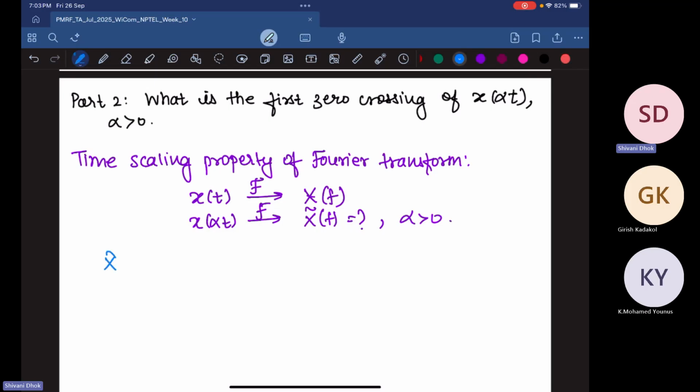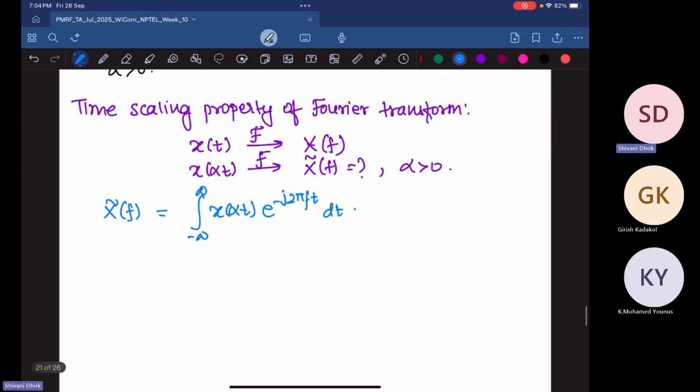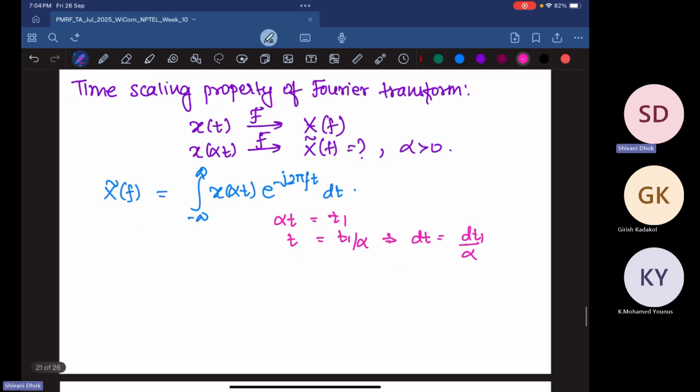So X tilde of f is given by the integral from minus infinity to infinity of x of alpha t times e power minus j 2 pi f t dt. Now we substitute alpha t equal to t1, so t is equal to t1 by alpha, which means dt is equal to dt1 by alpha.